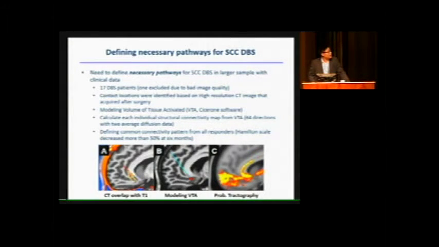We estimate the volume of tissue activated; briefly, it's around 120 cubic millimeters based on the stimulation parameter, but it changes based on 6 milliamp or 3 volt, 4 volt, something like that. Using this as a seed point, we do whole brain probabilistic tractography. Then, at 6 months of chronic stimulation, we define a patient whose Hamilton score decreased by 50% as a responder. If less than 50%, we call them a non-responder.